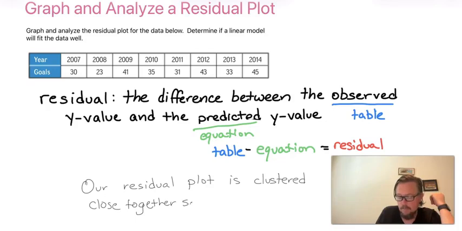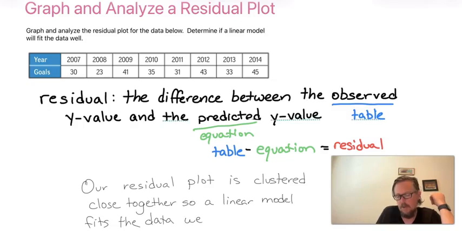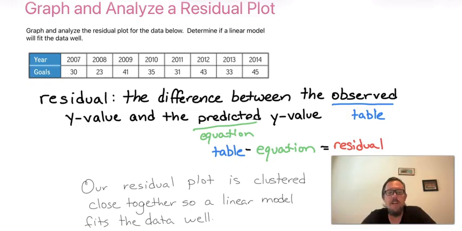So a linear model fits the data well. We saw that not only from the residual plot, but we also saw it whenever we actually graphed the scatter plot and put the best fit line on there. The best fit line goes right up through the middle of the data. And so that's another piece of information we can get from a best fit line. The residual plot tells us how close our line was to predicting what actually happened in the table.